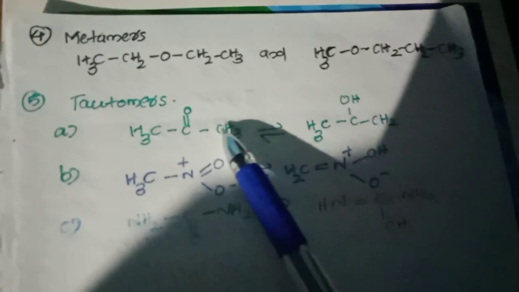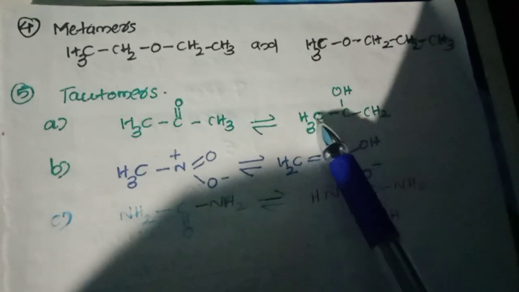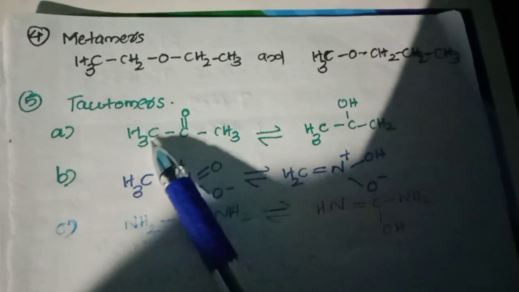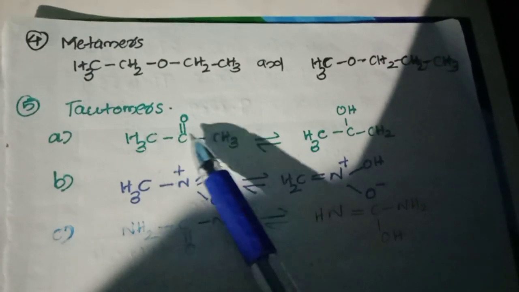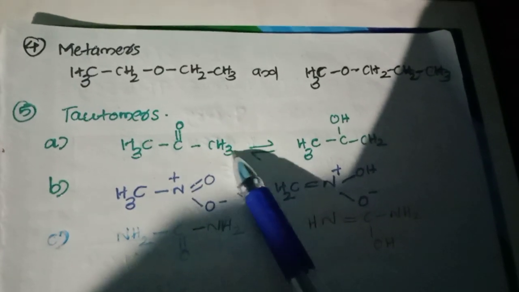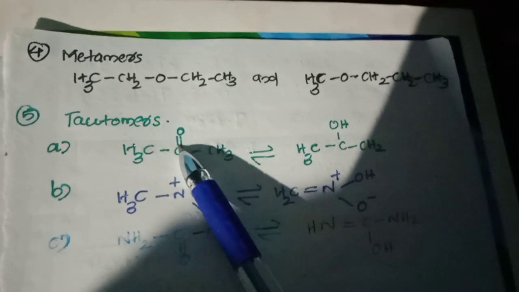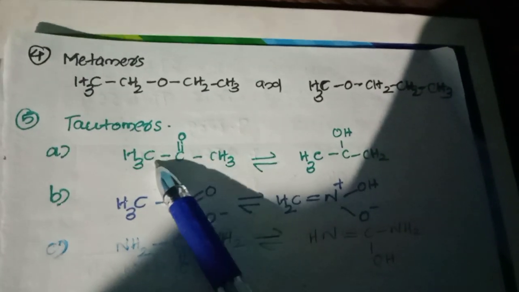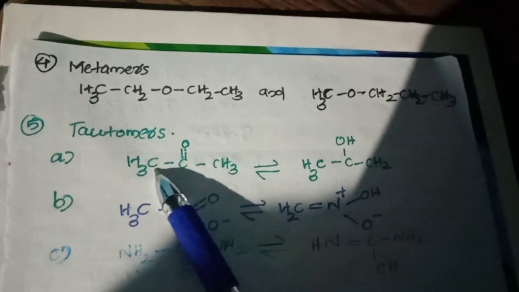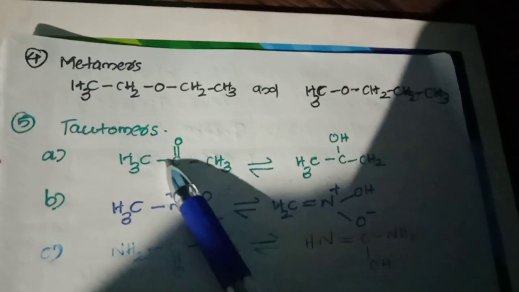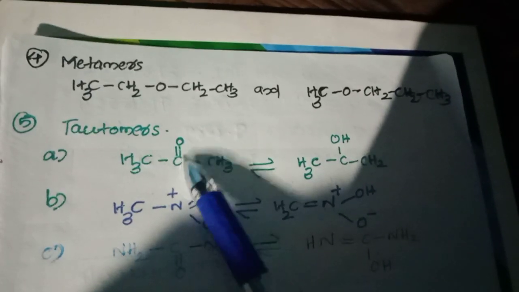Next one is tautomers. For tautomers, we are familiar with the keto and enol forms of carbonyl compounds having alpha hydrogen. Here it is a carbonyl compound, CH3COCH3. CO is the functional group, which is the carbonyl group, and this is the alpha carbon. Alpha carbon means the carbon atom which is directly bonded to the functional group.